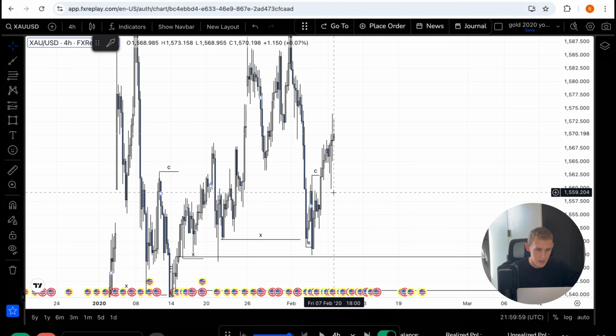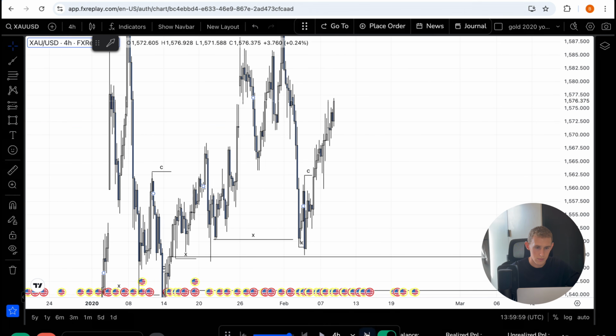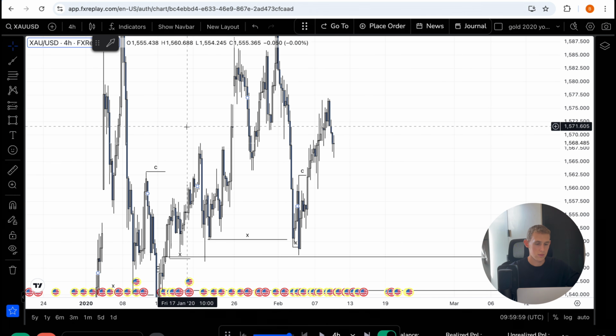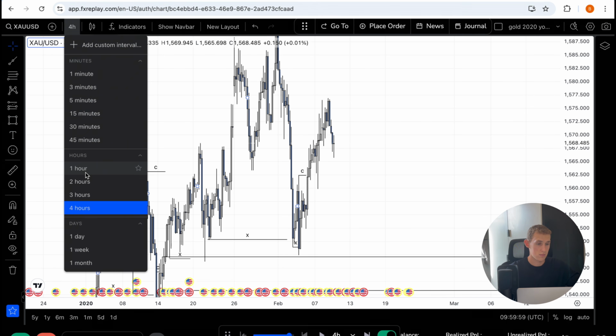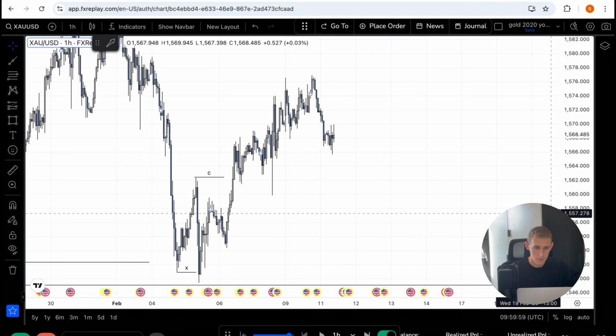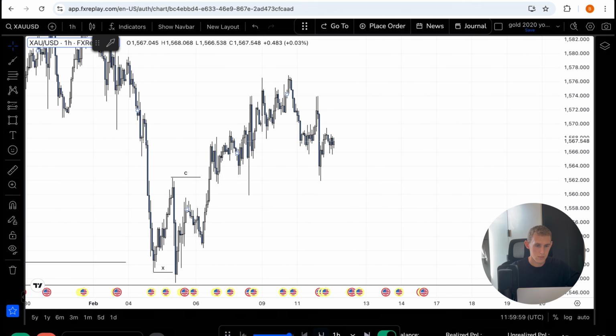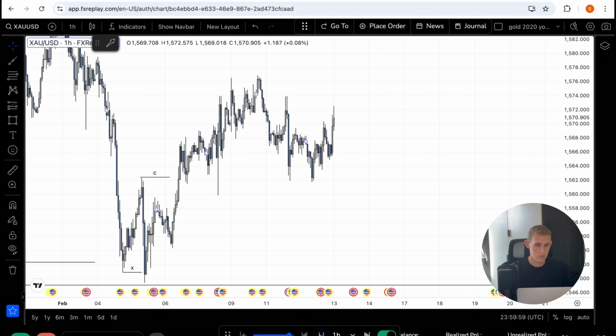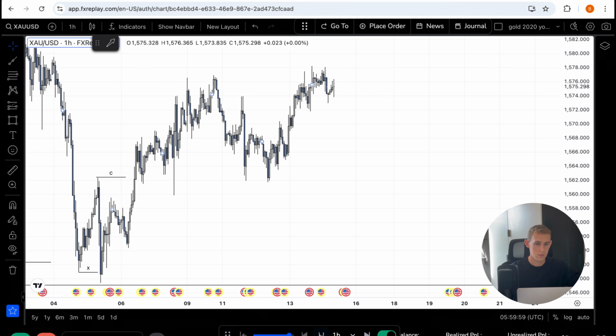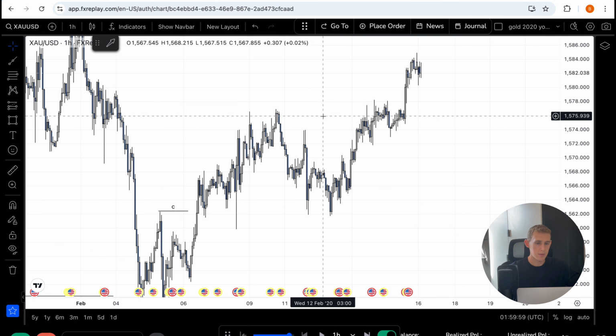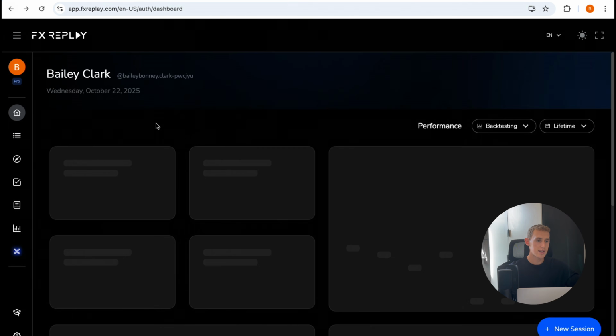Maybe if we can see this low get taken. Nope, seems like price is just continuing up. I think this is a good place to end the session though, guys.